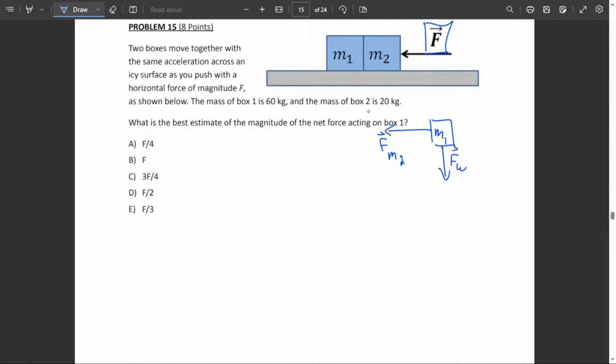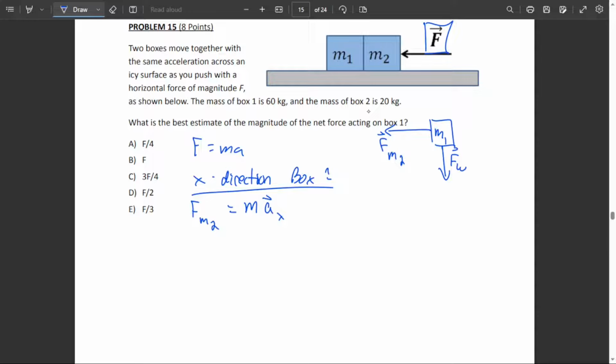So then, we know force equals mass times acceleration. If we look at only the x direction for box 1, in the x direction our only force is F of M2, and that's equal to mass times the acceleration in the x direction.